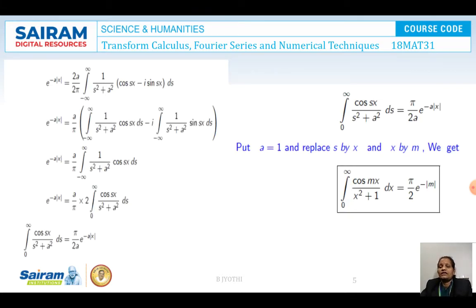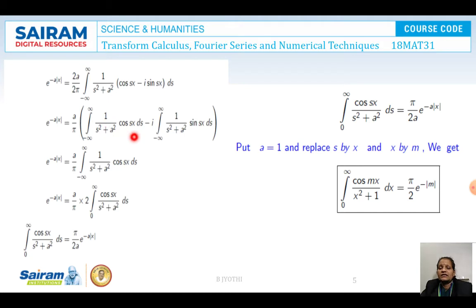Now e power minus a mod x is given by 2a divided by 2 pi, where a is a constant which can be taken outside, integral minus infinity to plus infinity 1 upon s squared plus a square into cos sx minus i sin sx of ds.